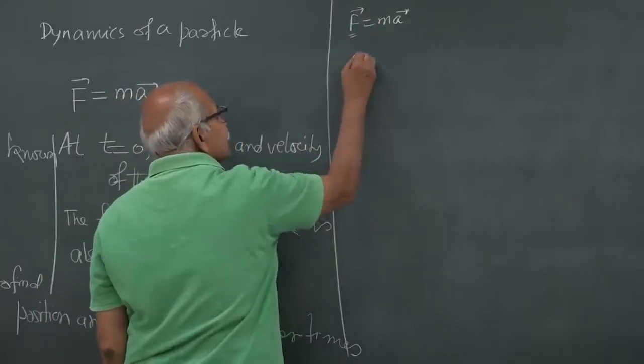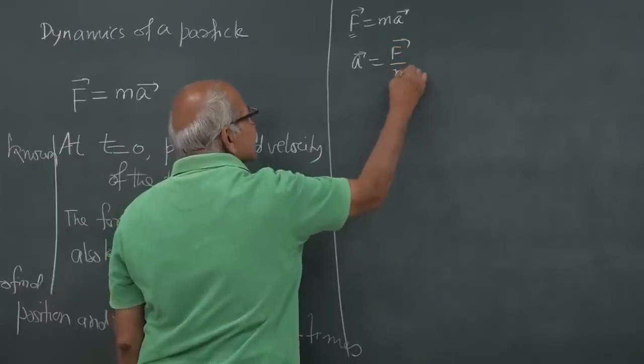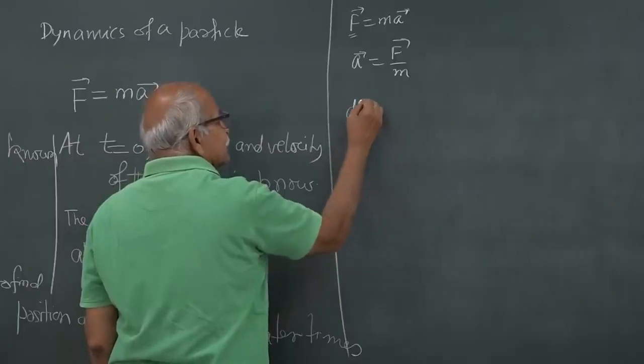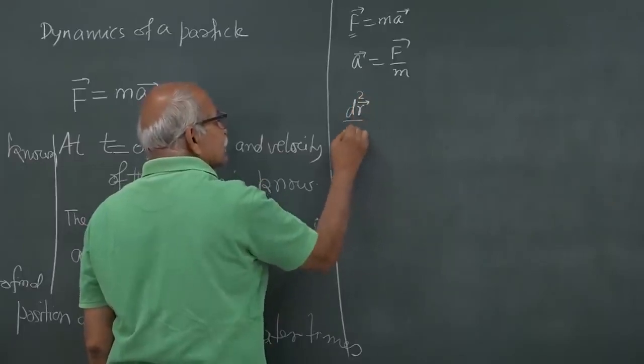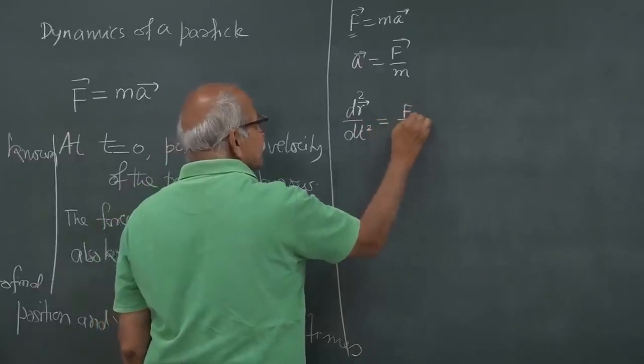So you have acceleration is F by m, the mass of the particle is supposedly known. So you write this as the second derivative of the position vector, d2r/dt^2 equal to F by m.